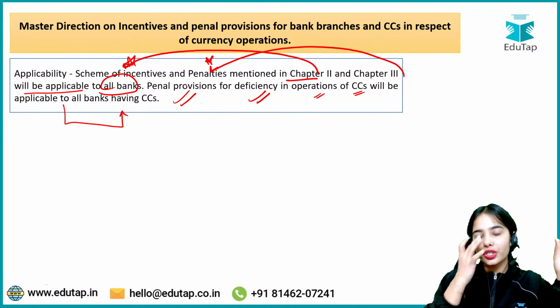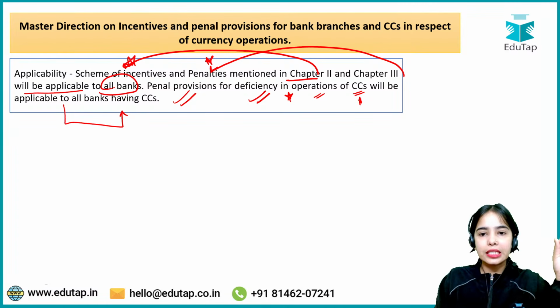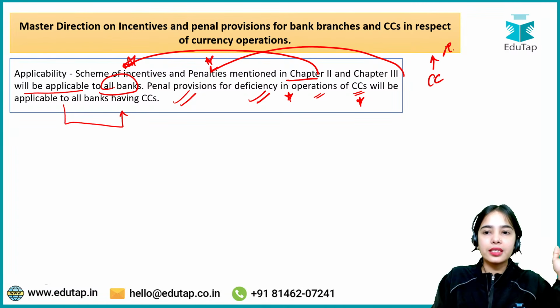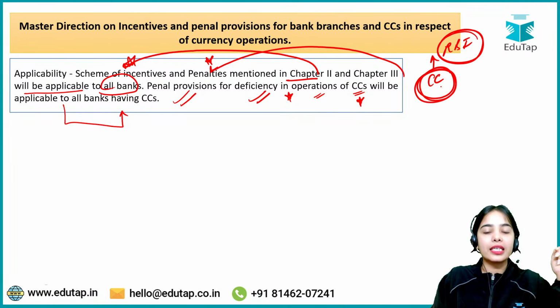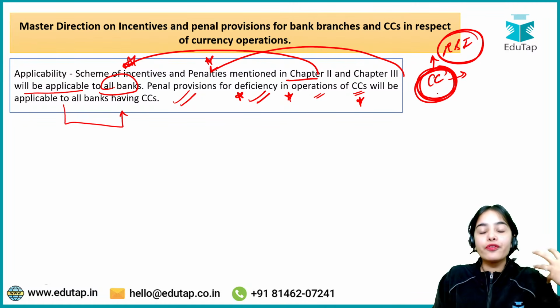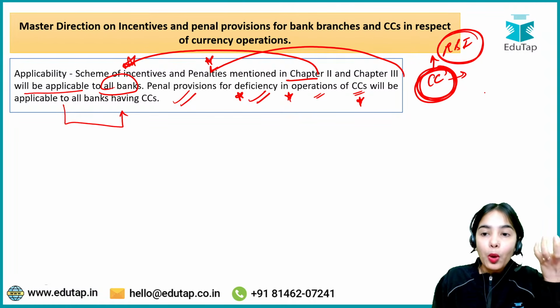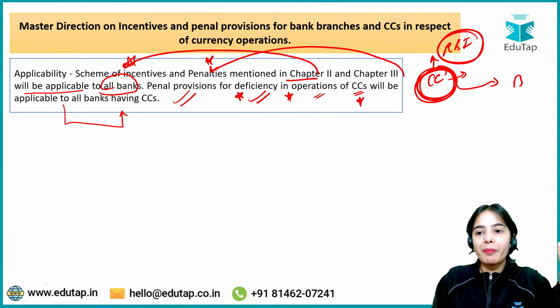So the penal provisions for deficiency in operation of currency chest, see, currency chests are directly under the Reserve Bank of India. They are authorized by the Reserve Bank of India to work as the currency chest. So if they are doing deficiency in operation, if they are not providing proper services to the bank branches, they will be penalized by the RBI.